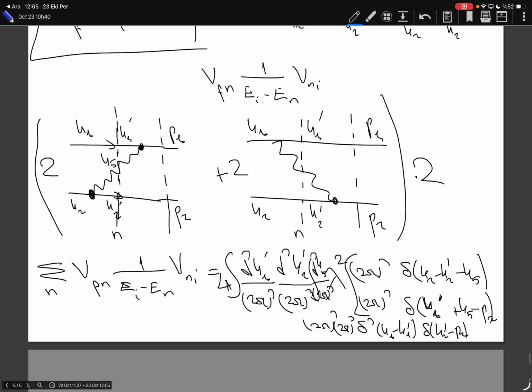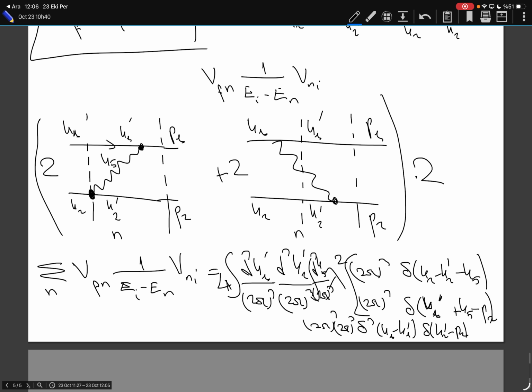You see, there is one V matrix element over here. I have energy conservation. So there is one V insertion here. Right over here, I have momentum conservation at the lower vertex. At the upper vertex, K1 prime and K1 should be equal.